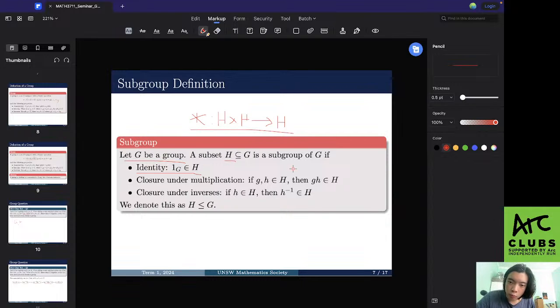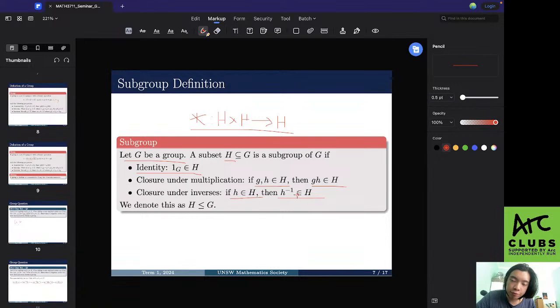And to confirm this, we can check closure on a multiplication, which just means if we have any two elements in H, then we can multiply them and check that it's in H. Then we also have closure under inverses. So if we have an element in H, then the inverse also exists in H. And by having all of these, we know that this is a group.